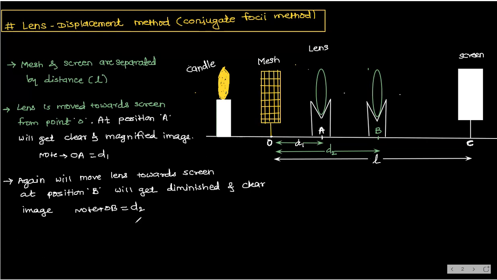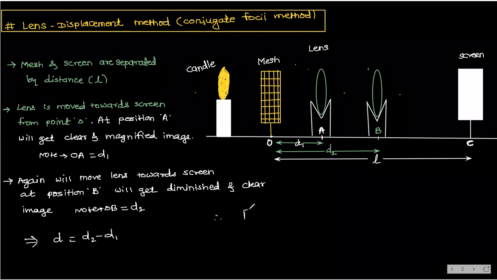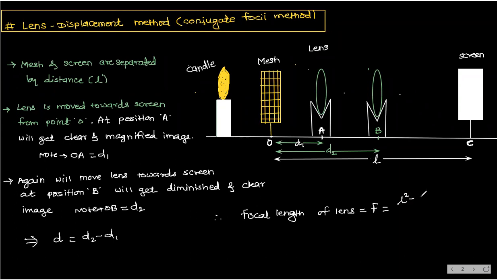Now we have to find D. So D is equal to D2 minus D1. And now if we want to find the focal length of the lens by this method, F is equal to (L square minus D square) divided by 4L.